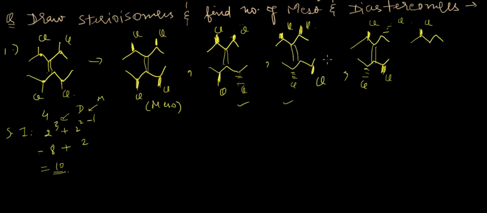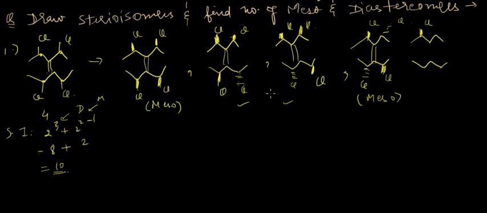Why is this a meso compound? Because we have a center of symmetry here, so this is a meso compound. Okay, and we can also have this as a diastereomer.